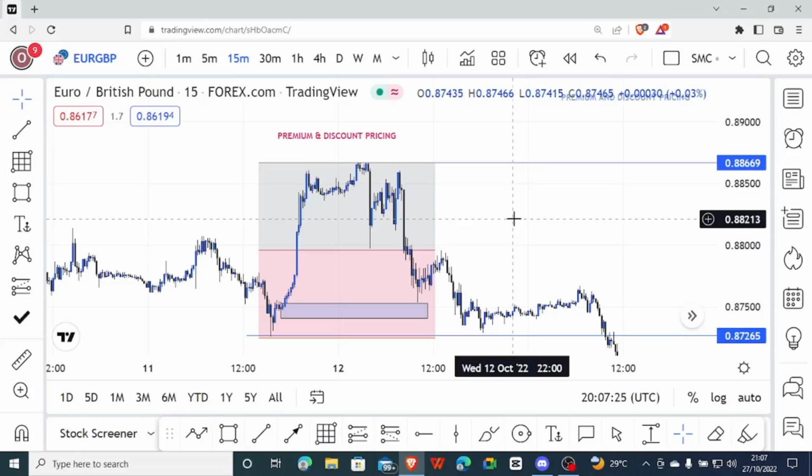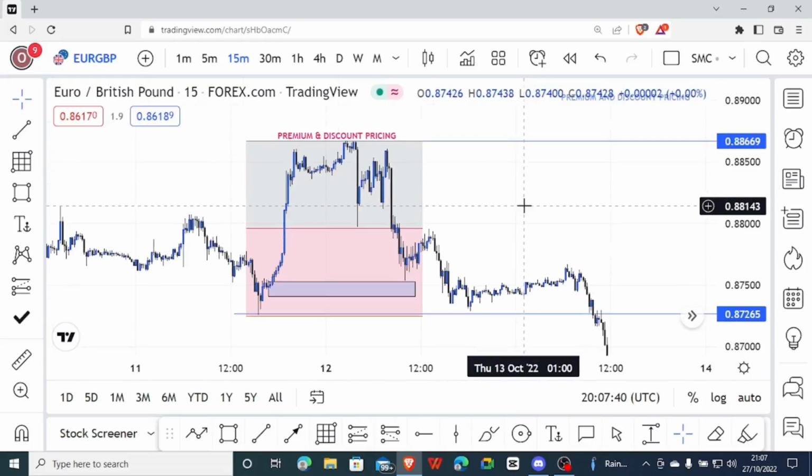This is a banger, guys. If you know how to map your structure very well, and then your trading range, then you can make decent profits just trading with the premium and discount forex strategy.